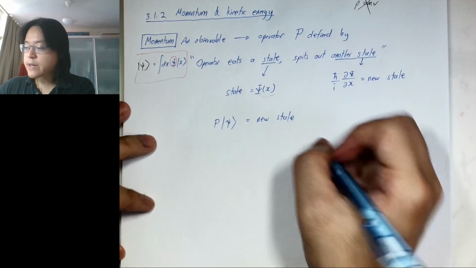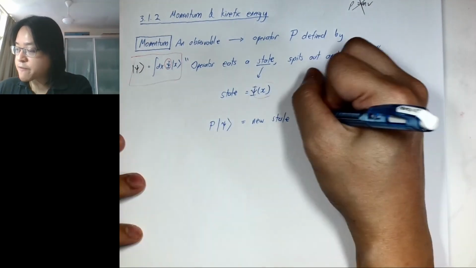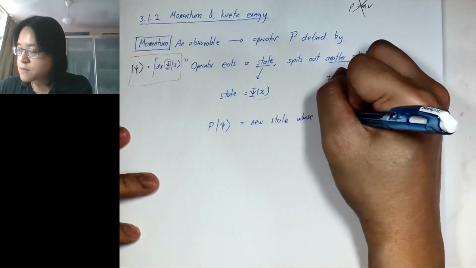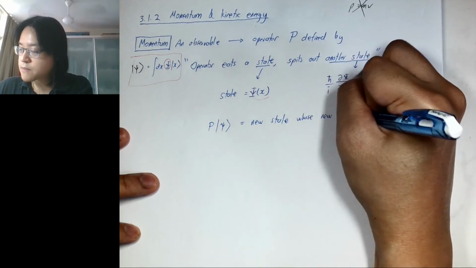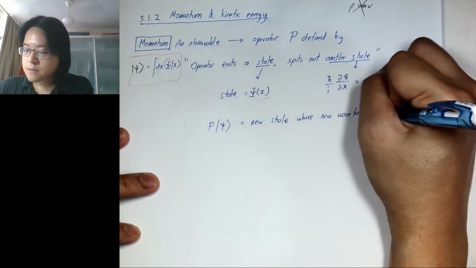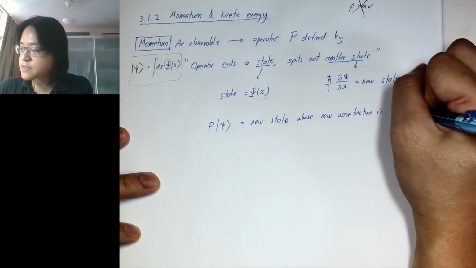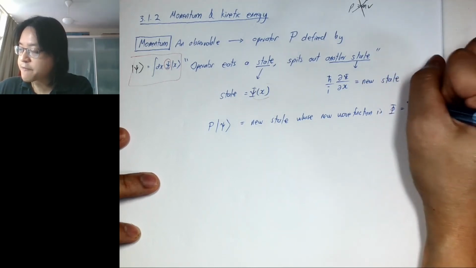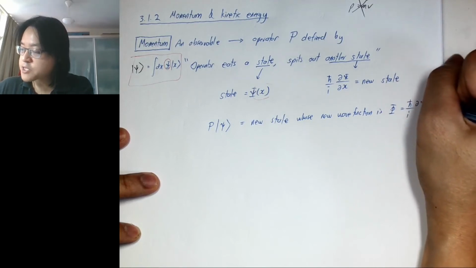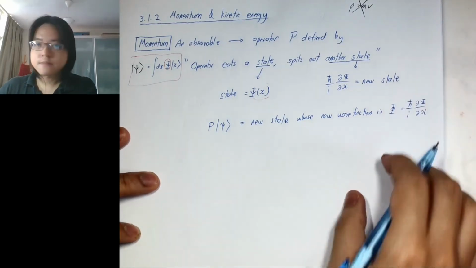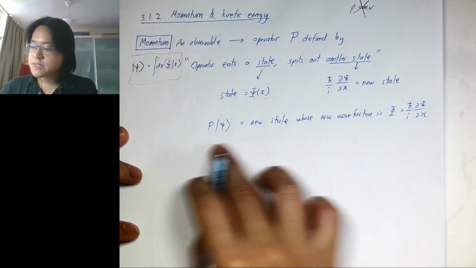and it is a new state whose new wave function, I call this phi, is h bar partial psi partial x. So this is going to be a new state.